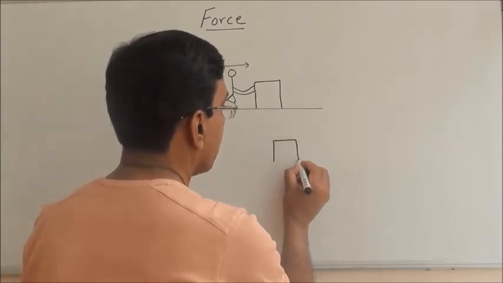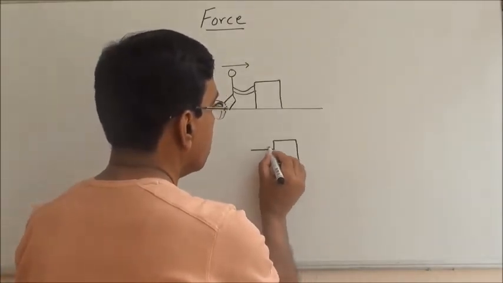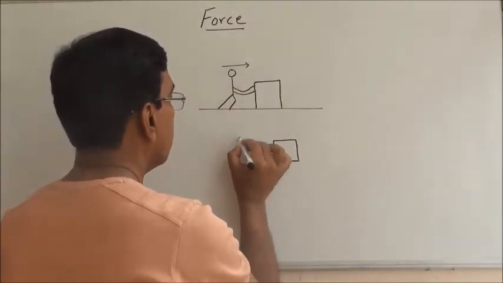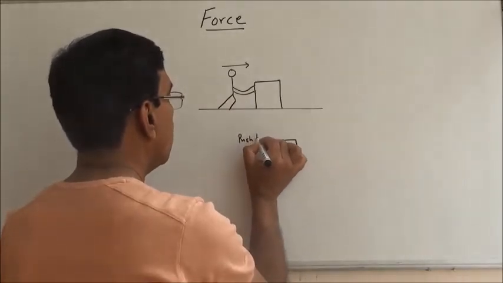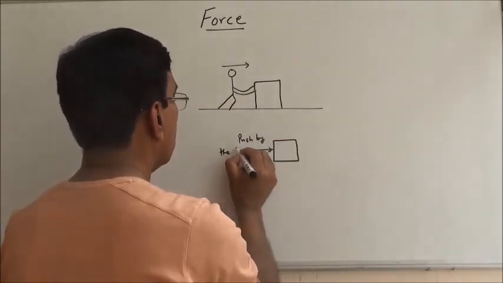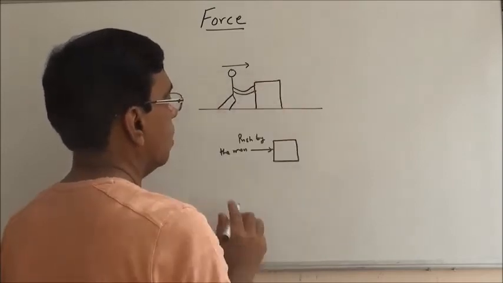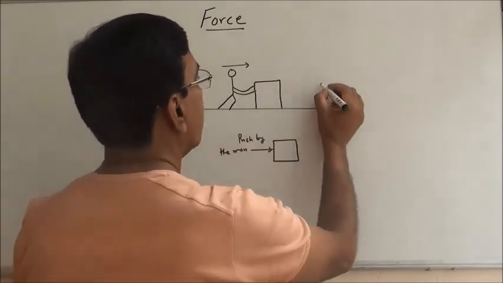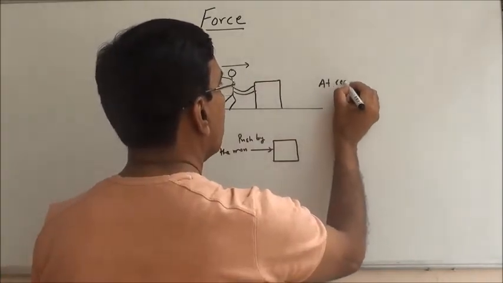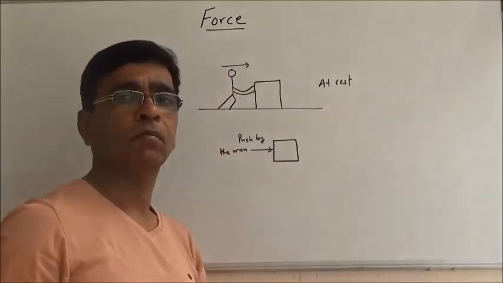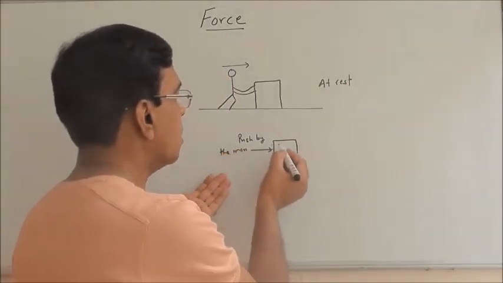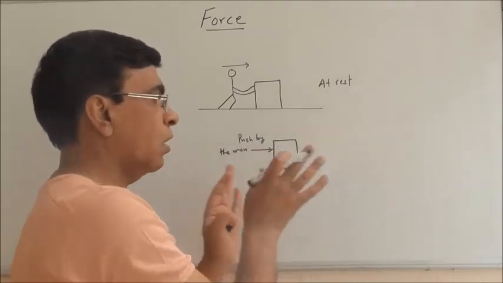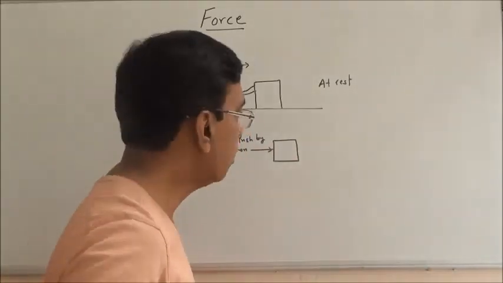Now see, one is this, the applied force, the push by the man in this direction. But this is not moving. I am saying the object is at rest. So how many forces? This cannot be the only force in this direction, otherwise it would have moved forward.